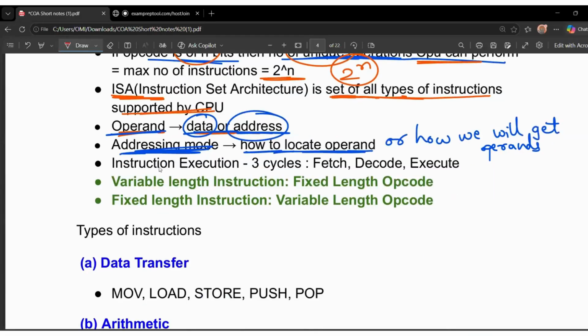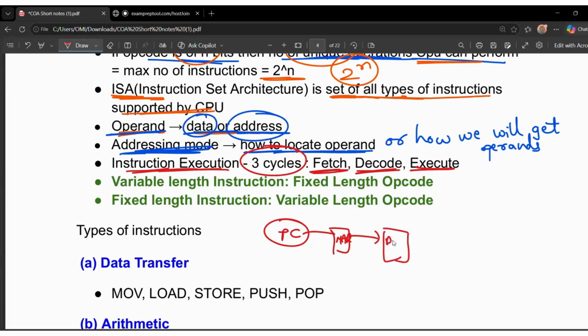We have also seen that to execute an instruction, three cycles are needed. First you have to fetch, then decode, and then execute. From the PC it goes into the MAR. From the MAR there is a decoder, from that you select one of the addresses, then you go to the CPU.